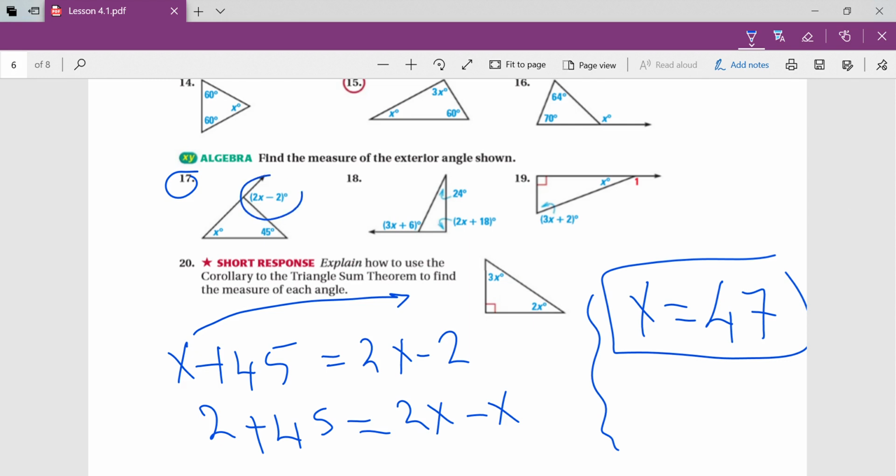So 2 times 47, all minus 2. 2 times 47 equals 94. 94 minus 2 equals 92. You can check: if you take 45 and the value of x equals 47, so 47 plus 45 equals 92. Okay, that's it.